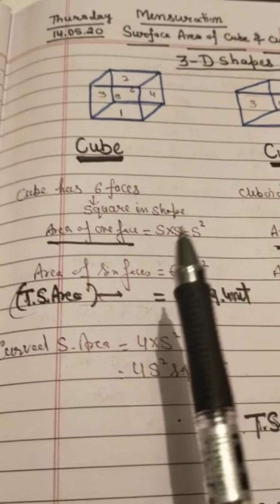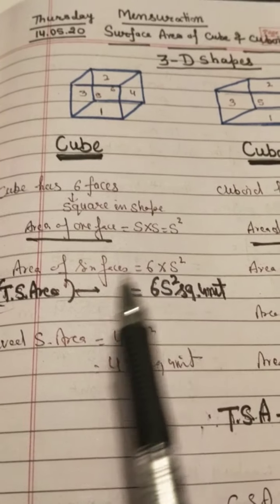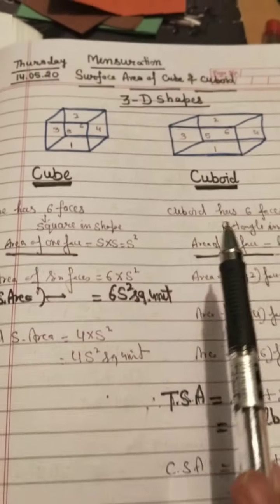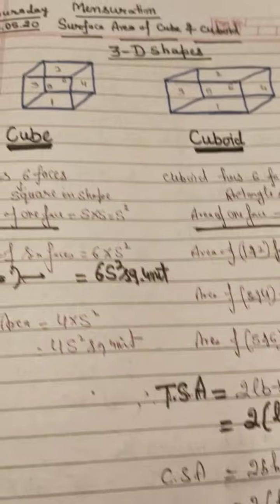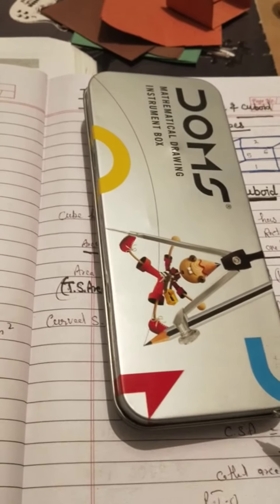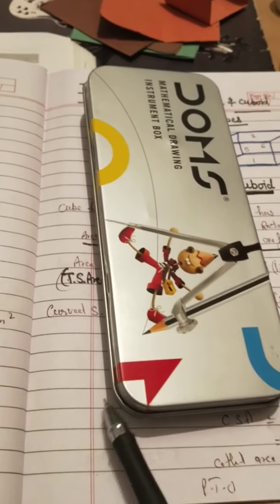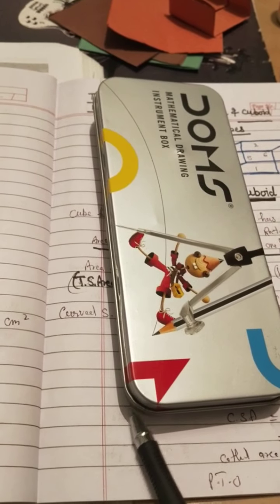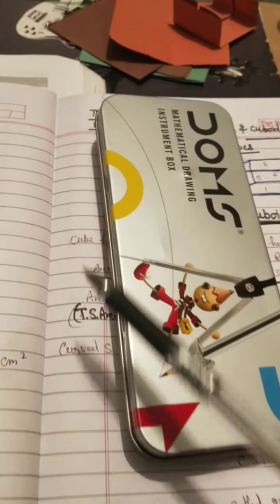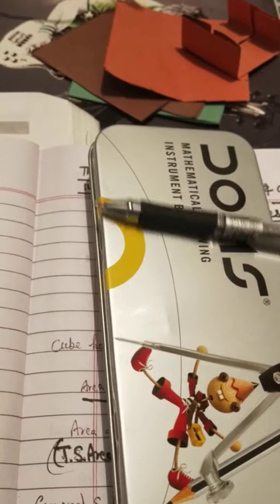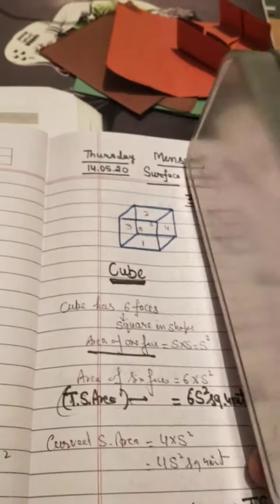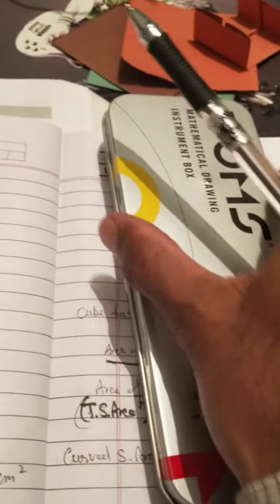Now in worksheet 3 we find the total surface area of a cube and cuboid. Similarly in a cuboid, suppose this is the geometry box you have. This has length, this one breadth, and from here to here this is called height.